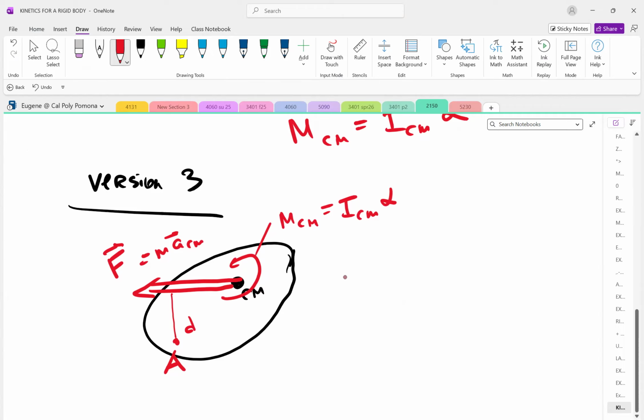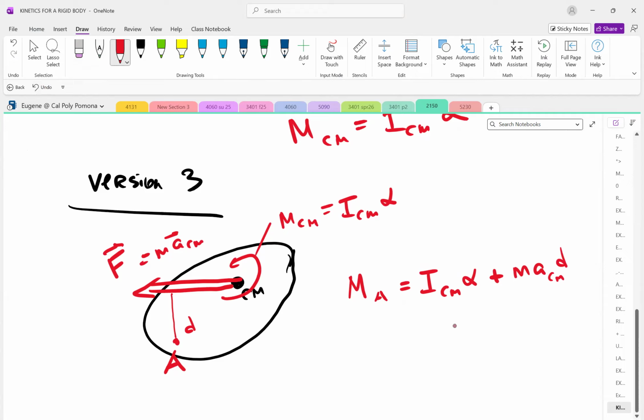The moment about A equals the moment about center of mass, which is I center of mass alpha, plus or minus F times D. And F is M A of center of mass, times D, that's scalar, right?